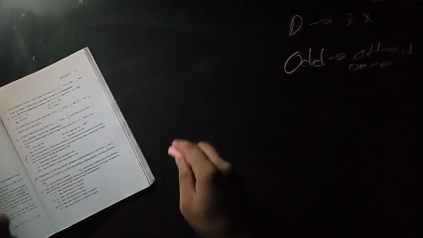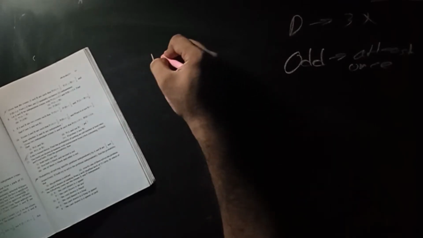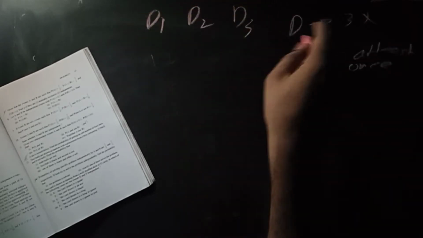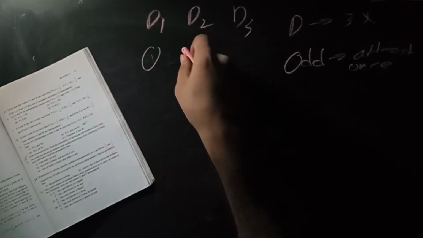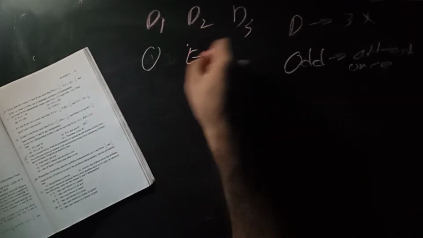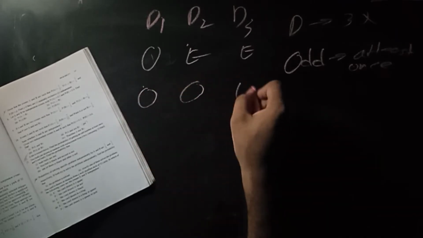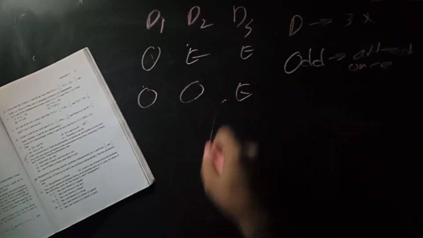Now we can find odd at least once by considering 1 odd and 2 even. Like there are D1, D2, D3, let's say 3 rolls. So it can be 1 odd, 2 even, or 2 odd, 1 even. You can go like this, but this is time consuming.